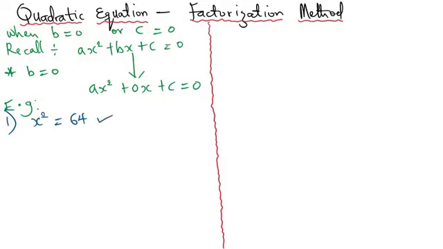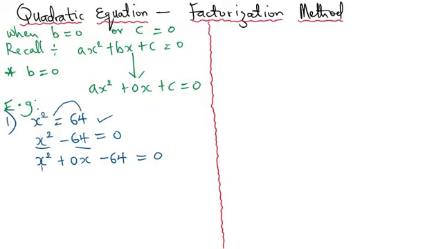It becomes x squared minus 64 equal to 0, whereby 64 crosses the equation sign and becomes minus 64. Now, from the look of our question, we have our coefficient a, coefficient c, but b is missing from the general form of writing a quadratic equation. So this becomes x squared plus 0x minus 64 equal to 0.